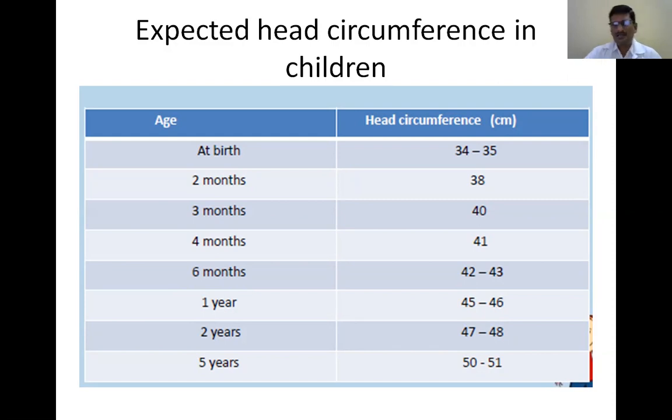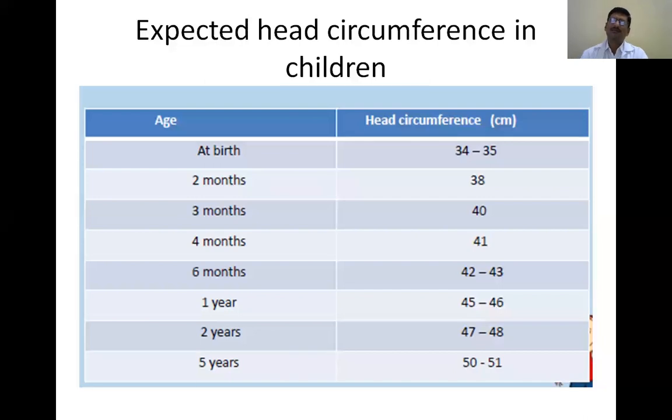You can see that within 9 to 10 months of gestation, the head circumference reaches about 35 centimeters. In the remaining 5 years, it increases by only another 15 centimeters. By the age of 5, the head circumference is only 50 to 51 centimeters.